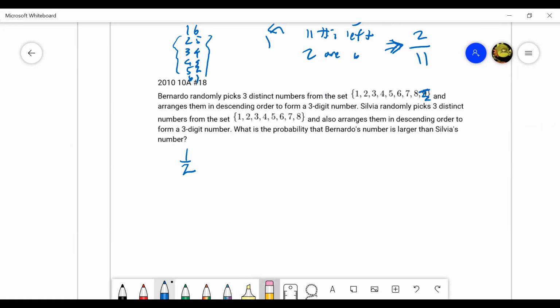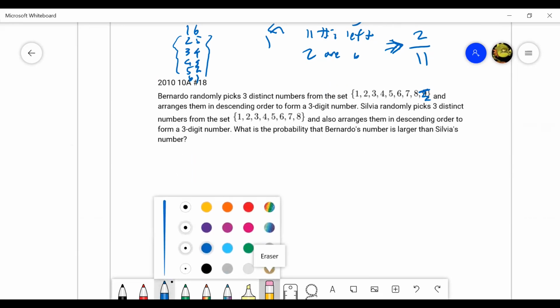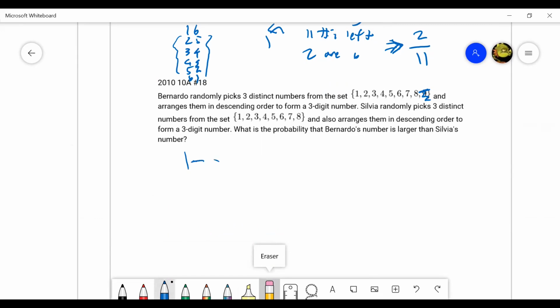No, it's going to equal 1 minus the probability that they get the same number, all over 2. And this works because of symmetry. The probability that they get the same number is the middle ground, so to say.